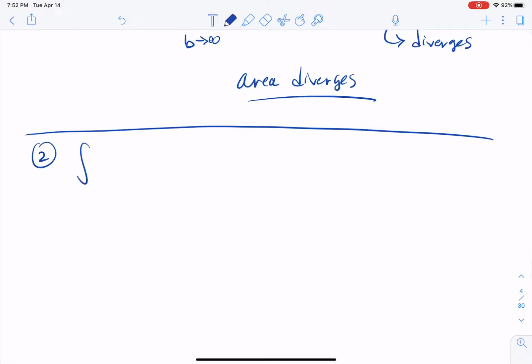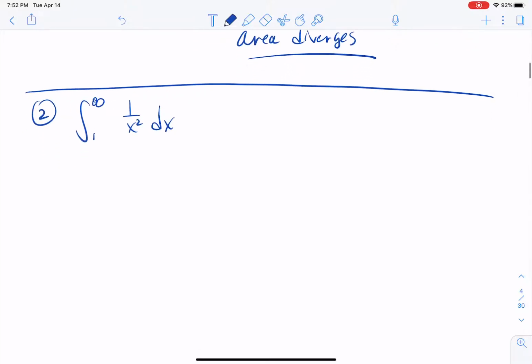Number 2, the definite integral from 1 to infinity of 1 over x squared this time. Again, I need to turn it into a limit because I have an improper integral: limit as b goes to infinity of the integral from 1 to b of, I'll rewrite that as x to the negative second power.